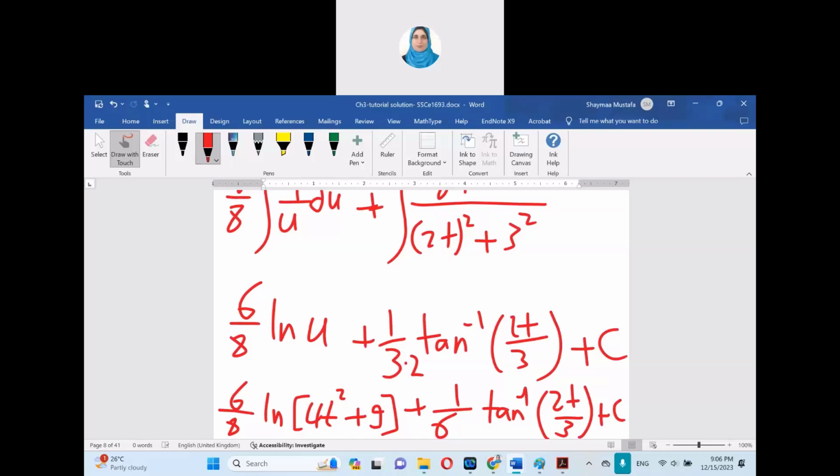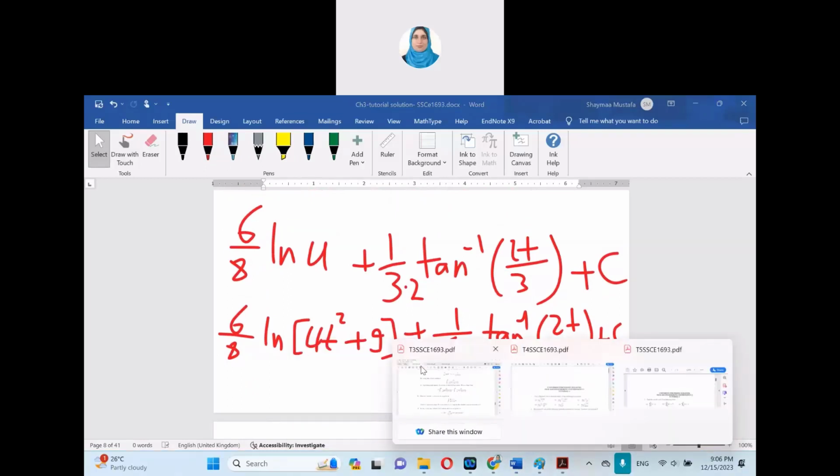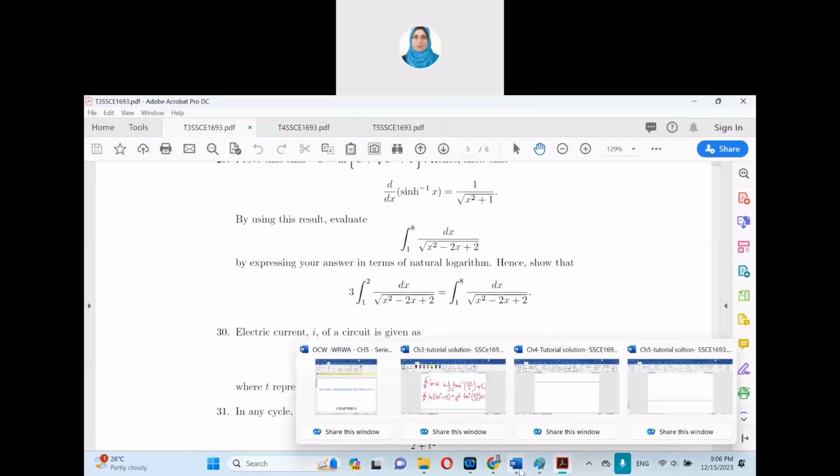Now go back to our question. To find the constant C, because the question says I equals 0 when t equals 0, we need to express the electrical current in terms of t. So you need to find the constant C here.